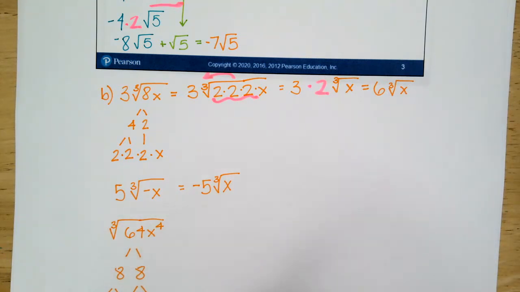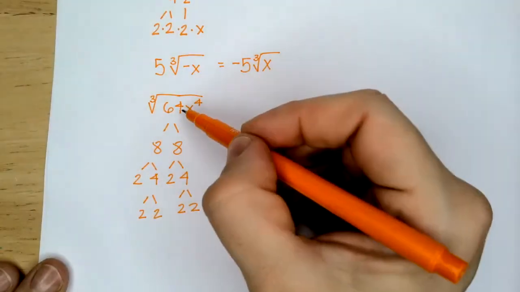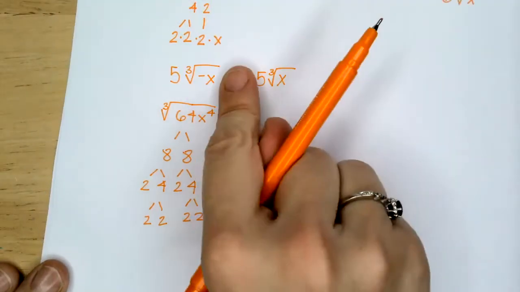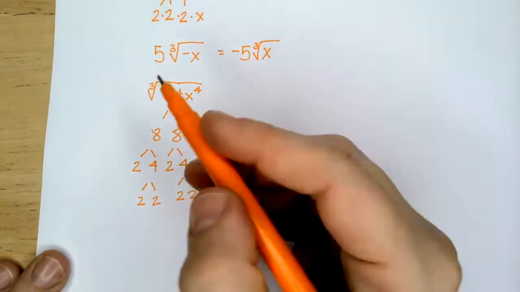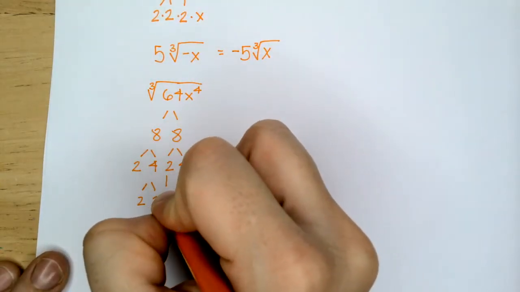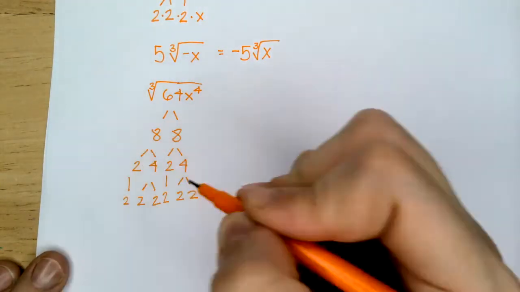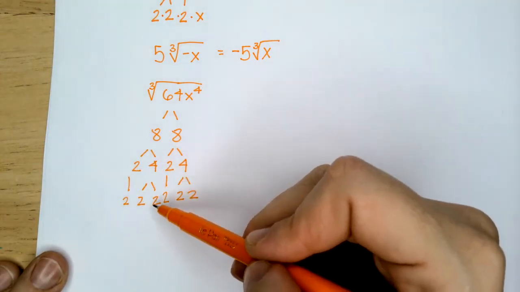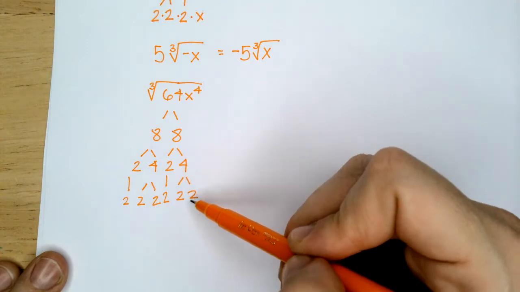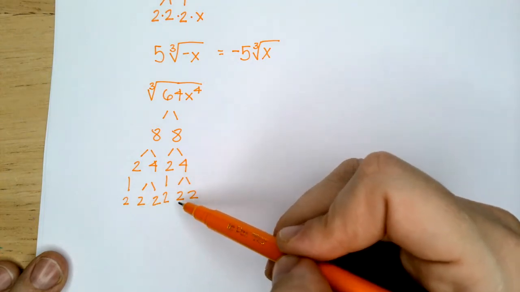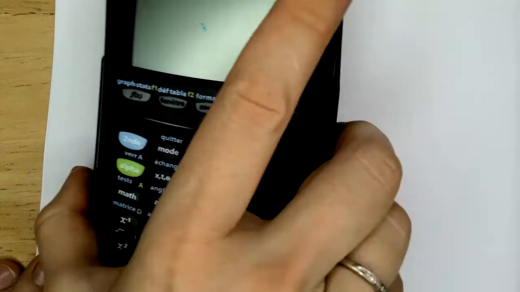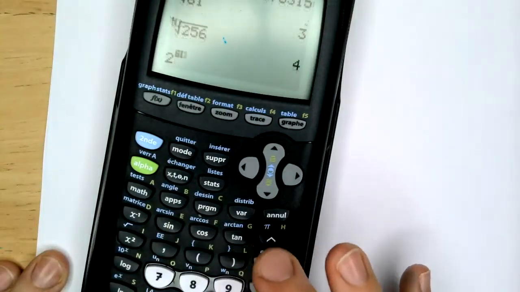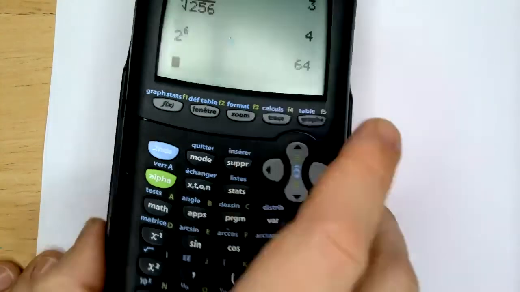And again, you're welcome to just put this into your calculator without the x and see what you get. So here we have, if I didn't make that too confusing, this 2, the 4 becomes 2 2s, this 2 comes down, the 4 becomes 2 2s. So now I have 1, 2, 3, 4, 5, 6 2s to equal 64.